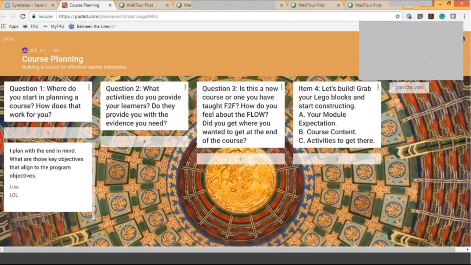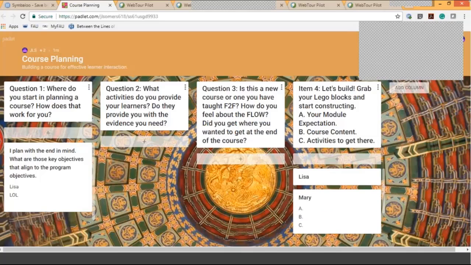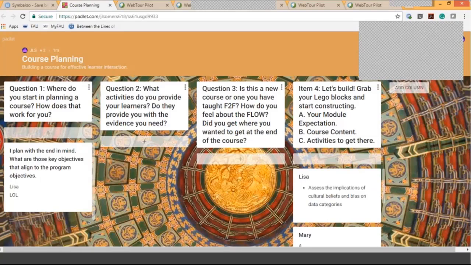Item B would be the content, and item C would be the activities that are going to get them there. And you can identify them if you put your names down as you go in here, and then identify A, B, and C for your module. So I'm going to let you think about it and start working. Great, thank you.